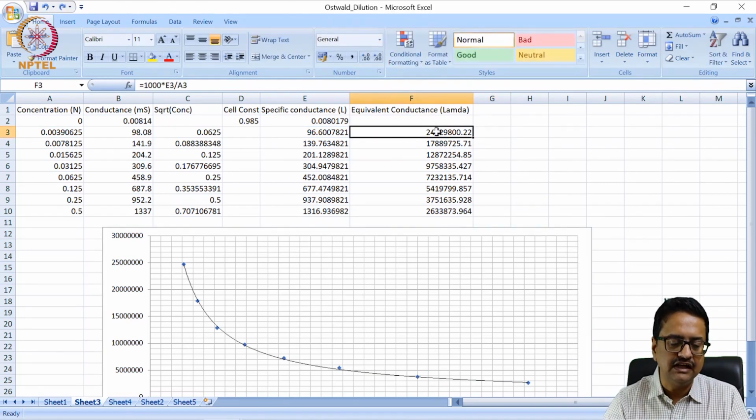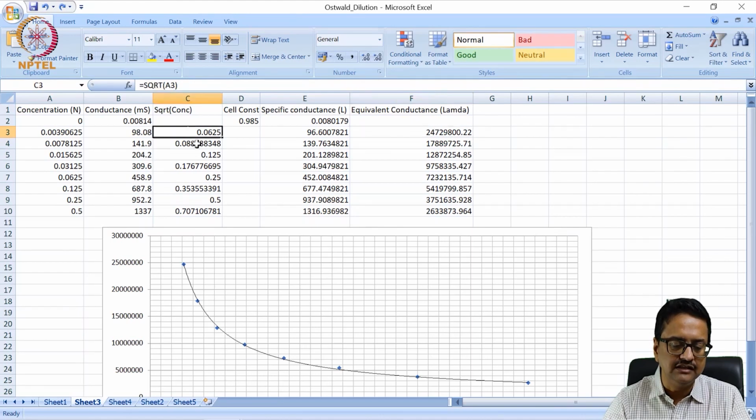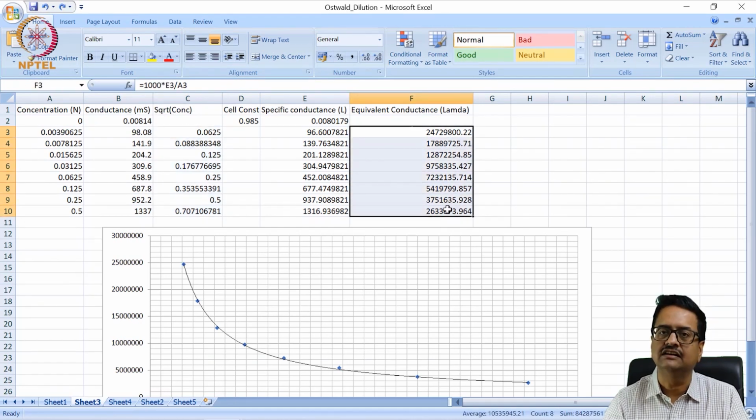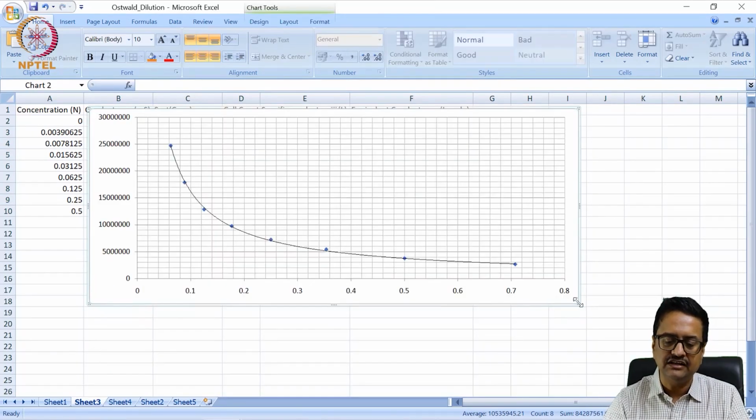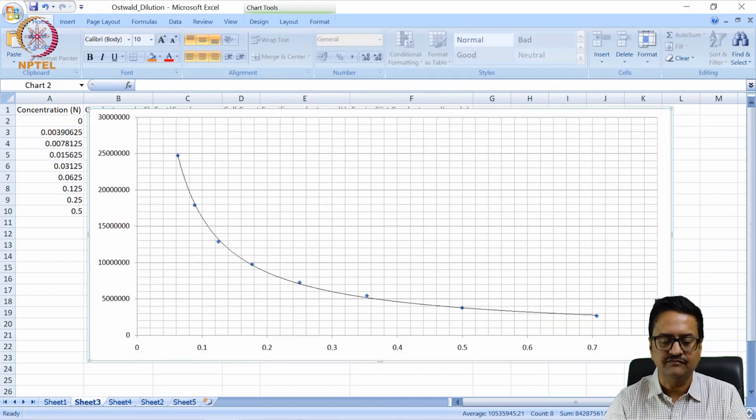And then what I have done is I have plotted the square root of concentration versus the equivalent conductance. When I am plotting this, I am getting a plot like this.